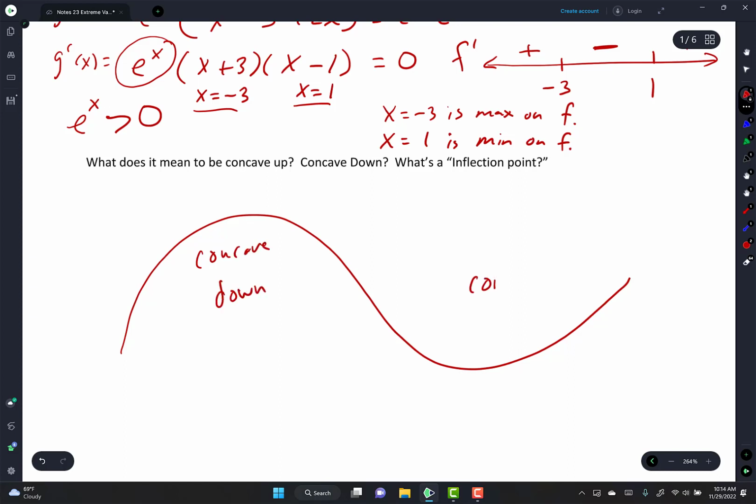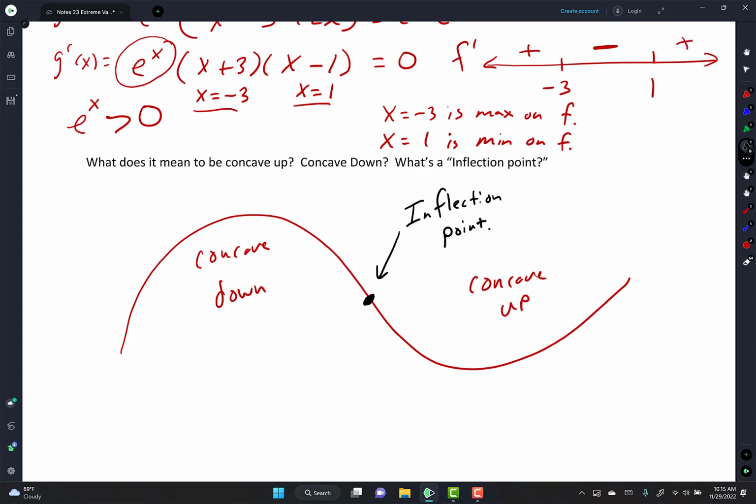This right here is concave up. In between concave down and concave up, right there, that is called an inflection point. So using your inference skills, an inflection point is where concavity changes.